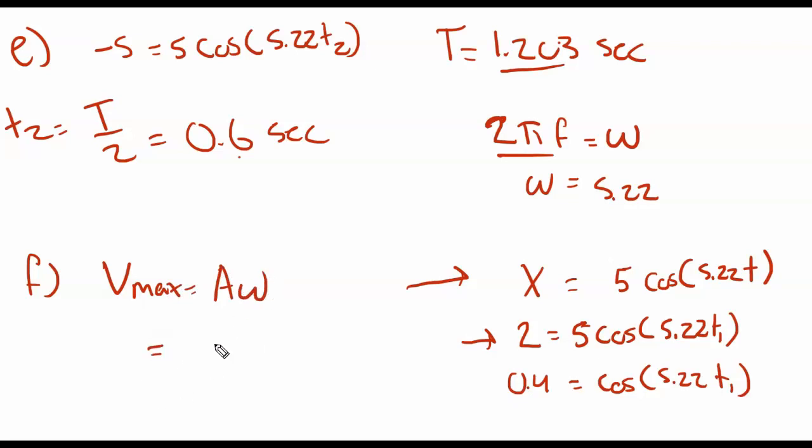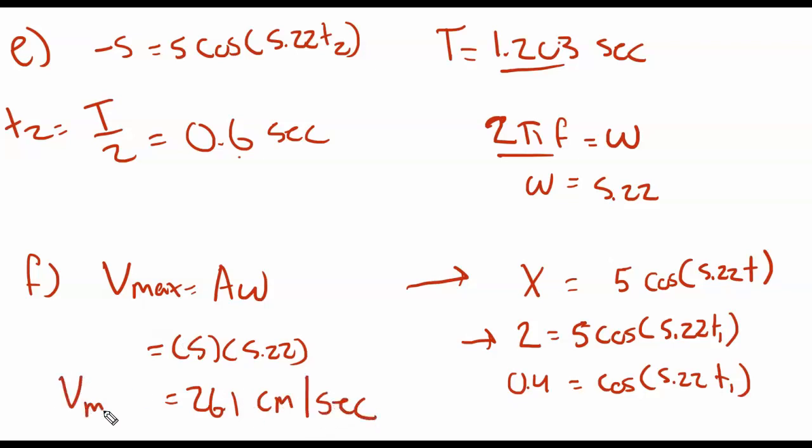We have A because it's 5 centimeters, and we have omega because we found it before, it's 5.22. So A times omega is 5 times 5.22, which gives 26.1 centimeters per second. That's V max.